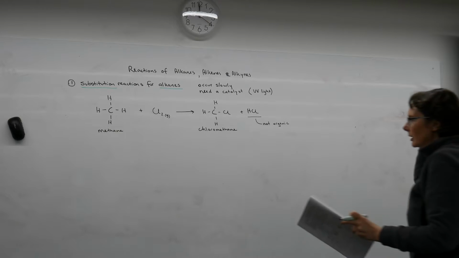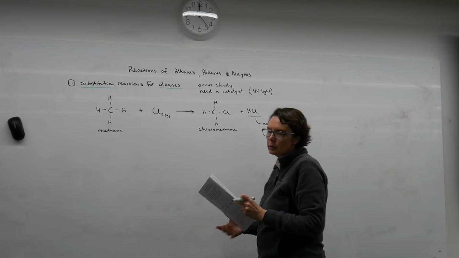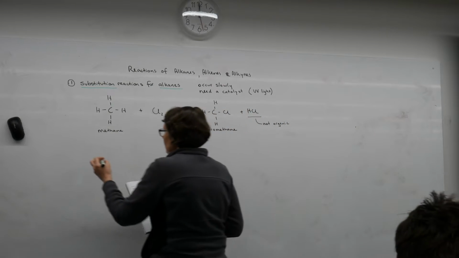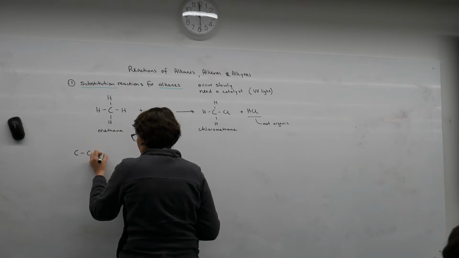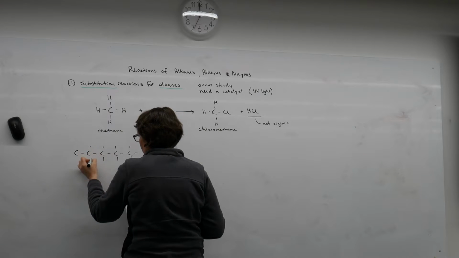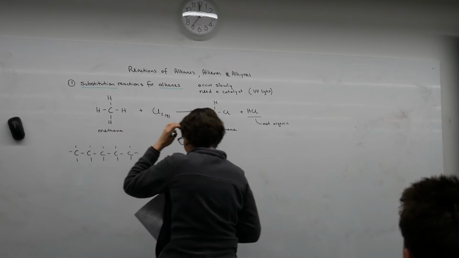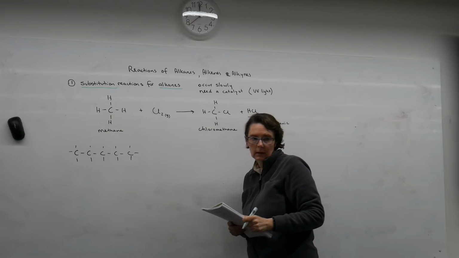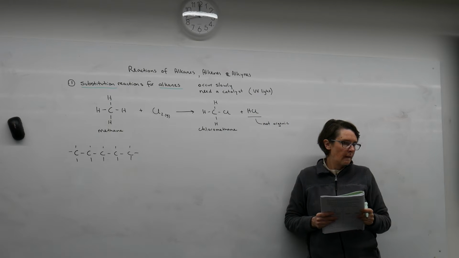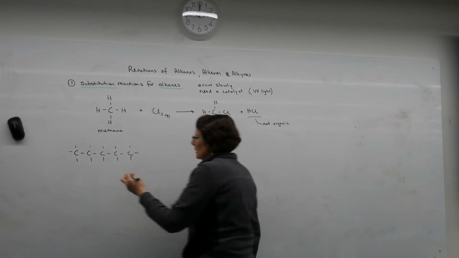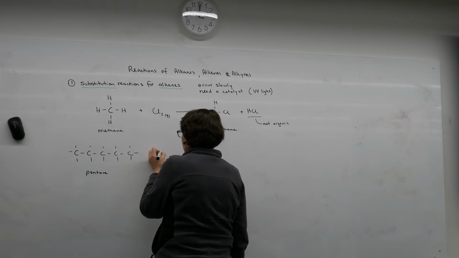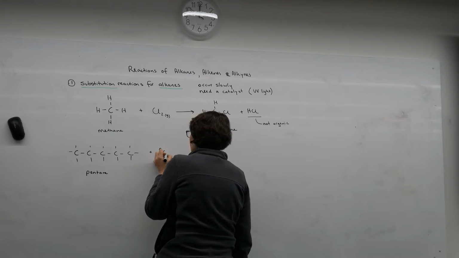Now that was pretty straightforward because there was really only one spot on that methane. There was only one carbon. And so if we look at a longer chain, alkane still, so what's this one's name? Pentane. And I'm going to react it with bromine.